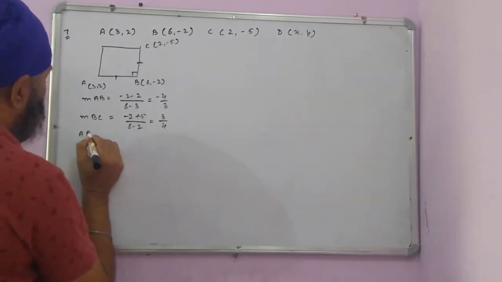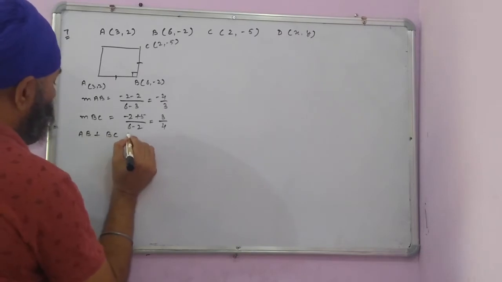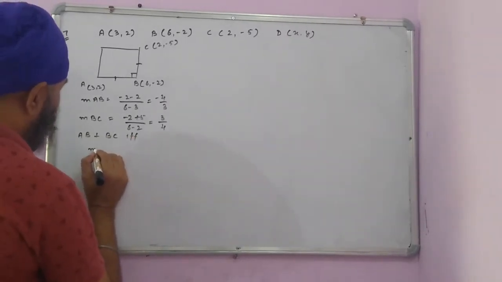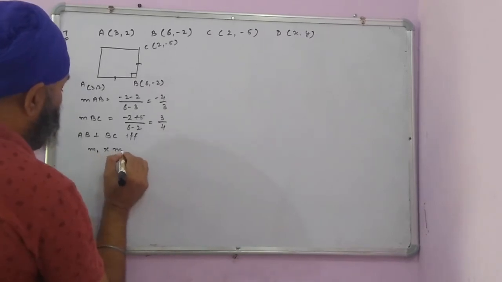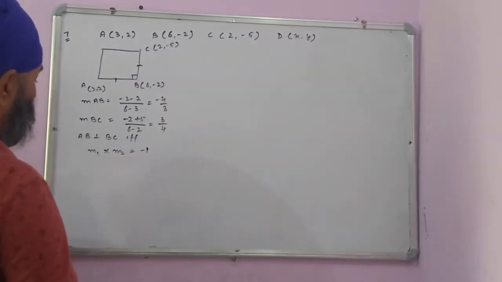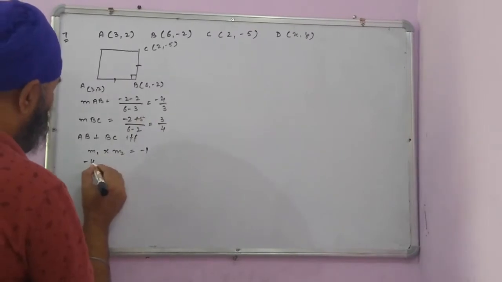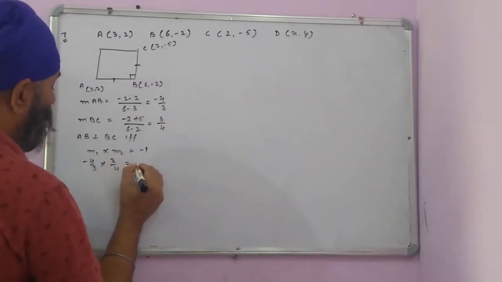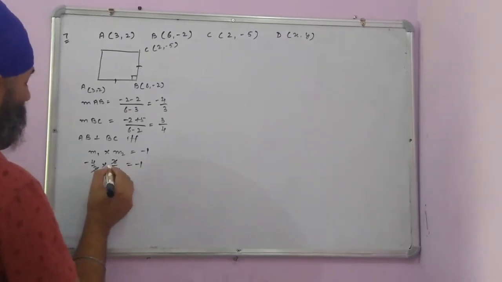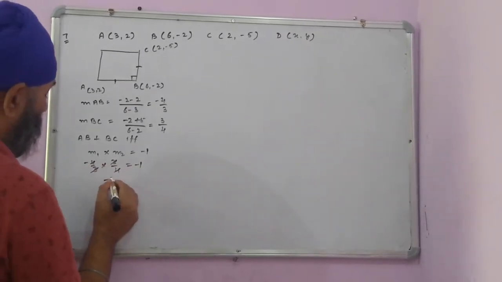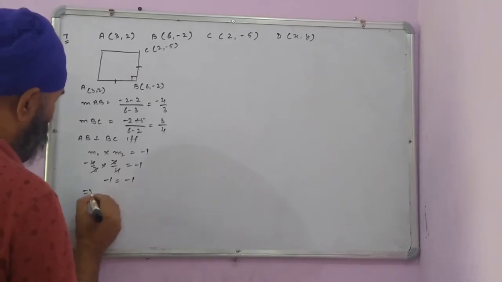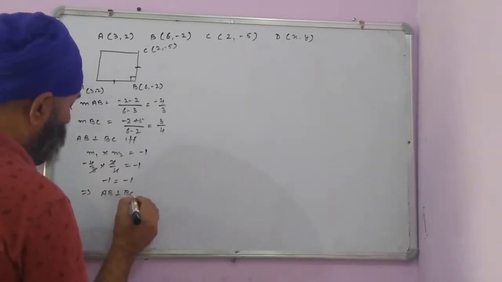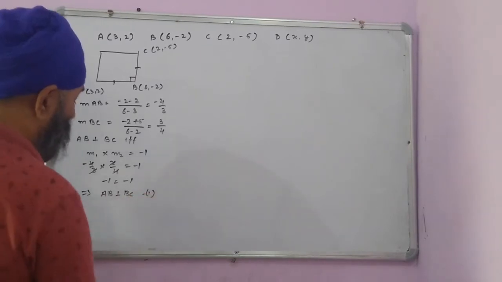AB is perpendicular to BC if and only if m1 into m2 is equal to minus 1. m1 is minus 4 upon 3, m2 is 3 upon 4, equal to minus 1. 3 cancels with 3, 4 cancels with 4, minus 1 is equal to minus 1. It implies that AB is perpendicular to BC. I write it as number 1.